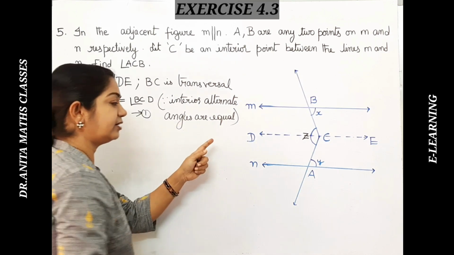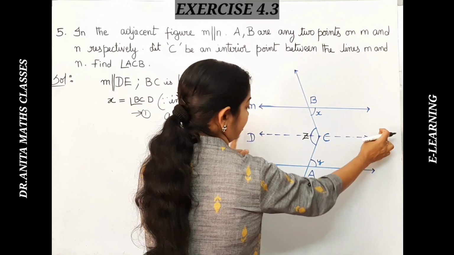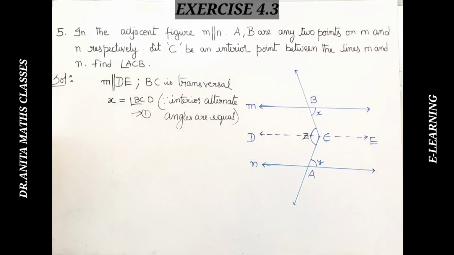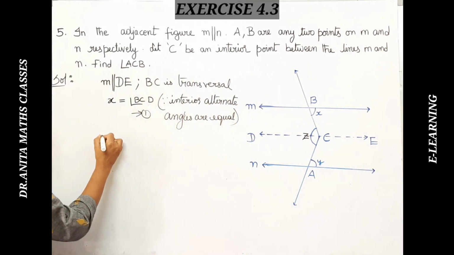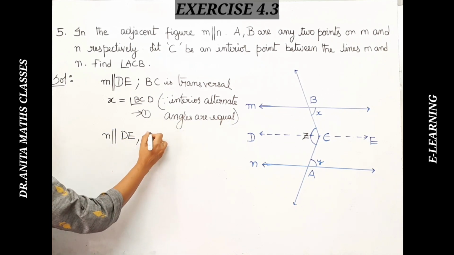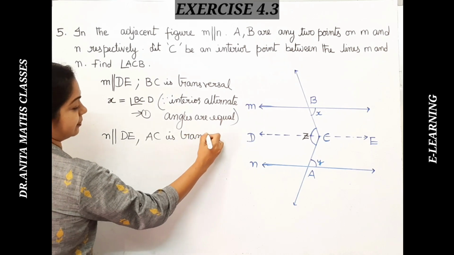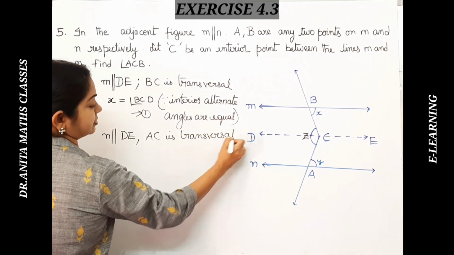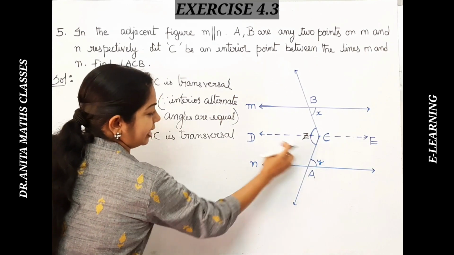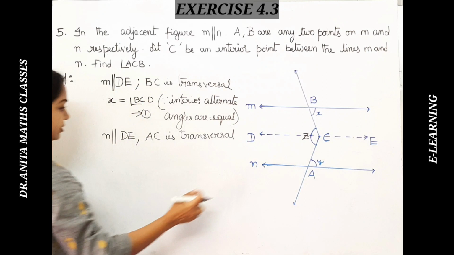Now we had drawn the line DE such that this is also parallel to this. Okay. When we are considering these 2 lines, yes, see here, N parallel to line DE, and the transversal is AC. AC is transversal, such that this angle Y and the angle DCA, these two angles are interior alternate angles.